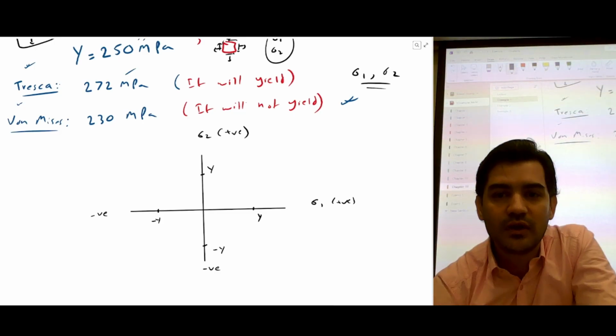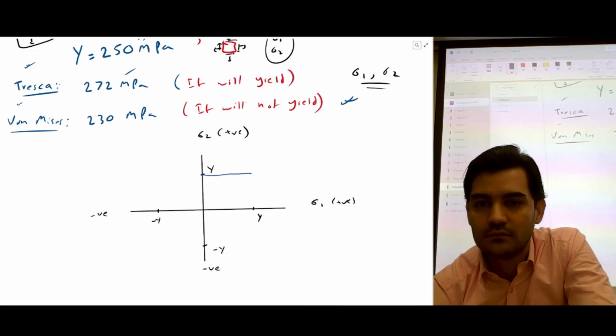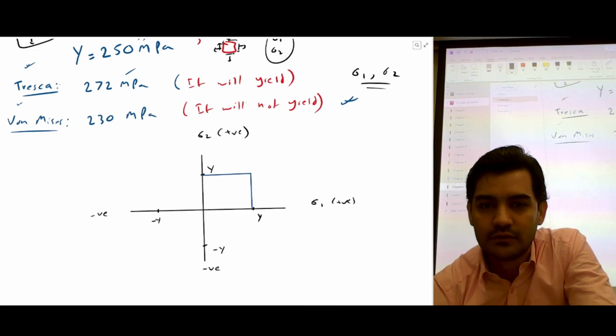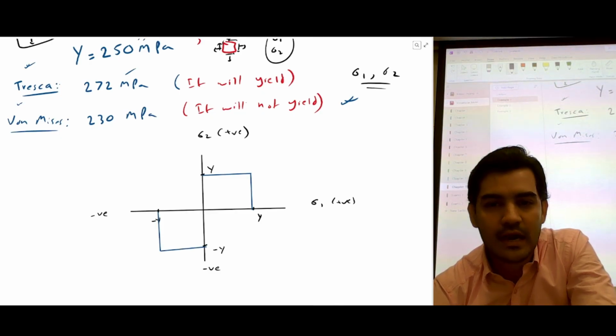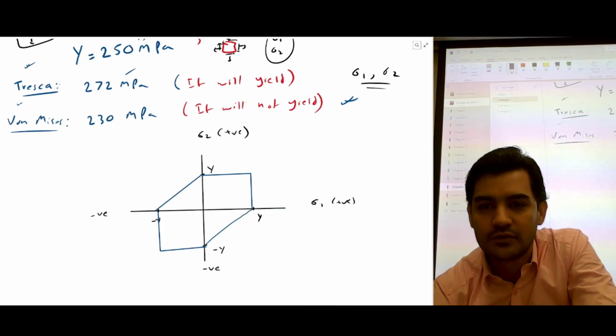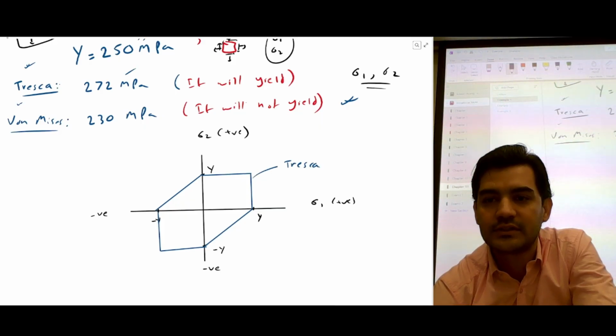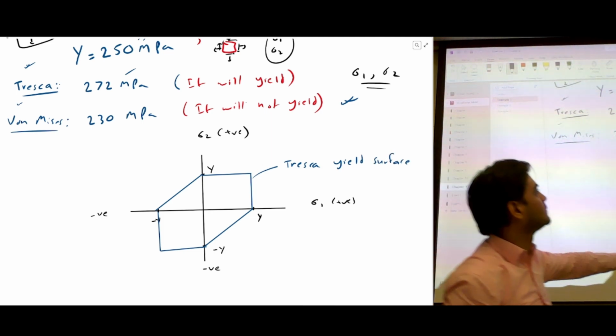So all you have to do is draw straight lines. You can remember this because it's going to be the same all the time. So this is the Tresca yield surface. And it's always going to be this shape.